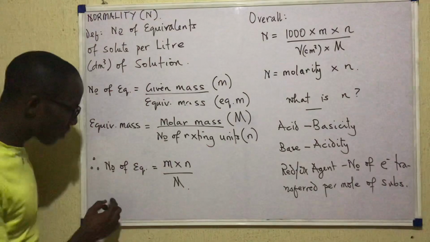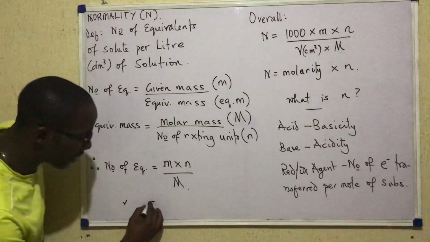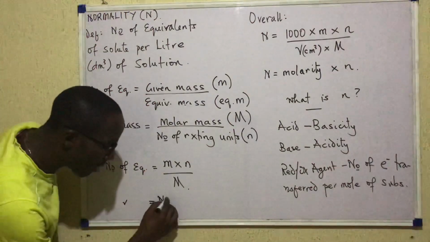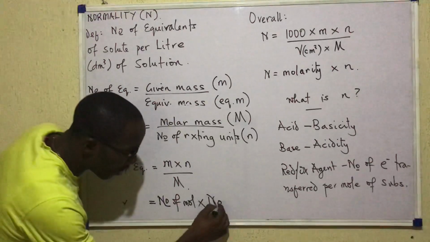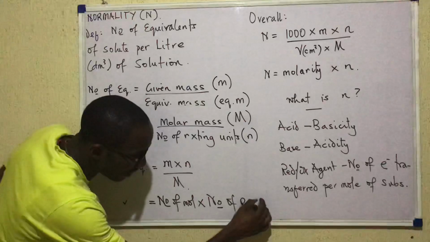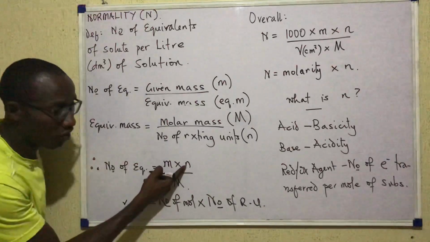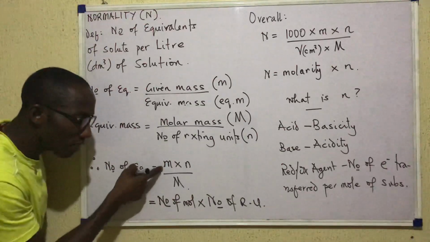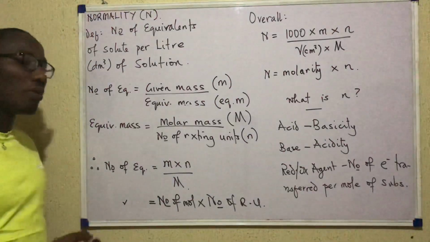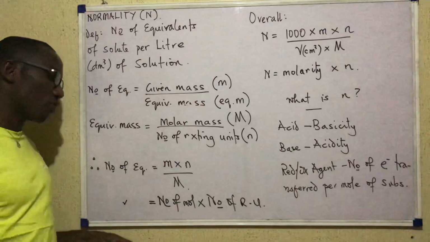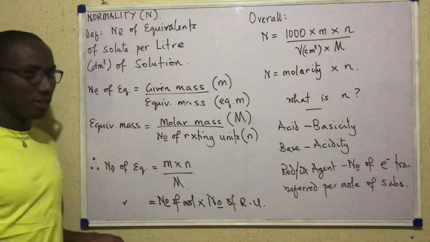So it means also that you may say number of equivalents equals number of moles times number of reacting units, because this is number of reacting units, the small n. Then mass over molar mass is number of moles. So number of moles times number of reacting units will also give you number of equivalents.